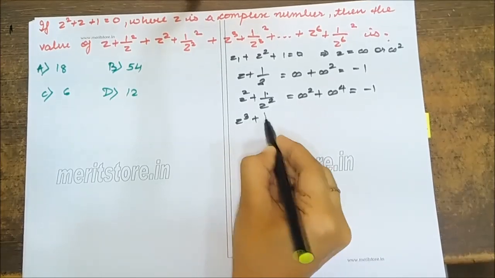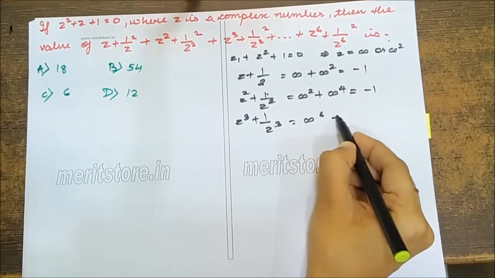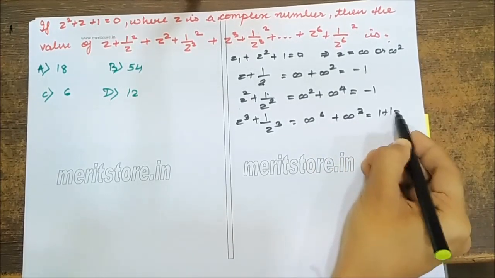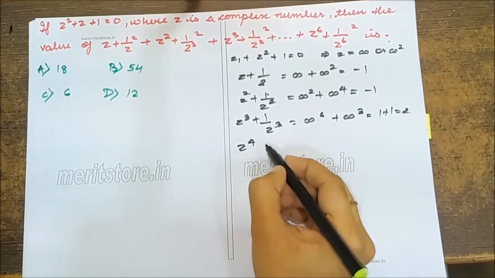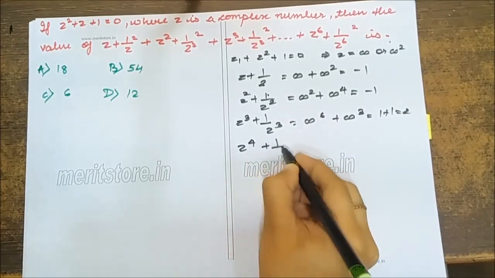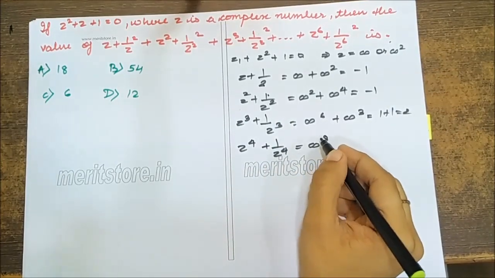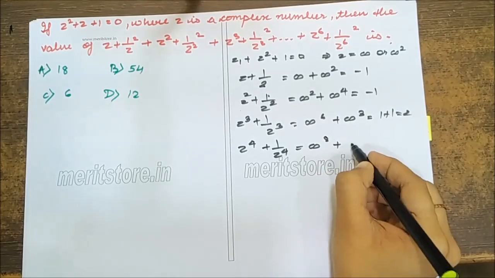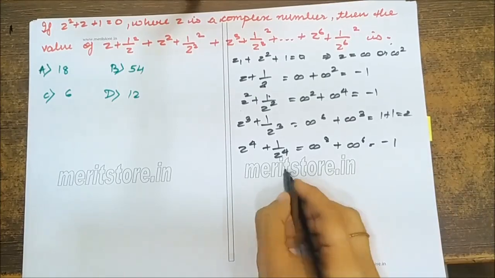Z cube will be omega raised to 6 raised to 3, equal to 1 plus 1, that is equal to 2. Similarly, z raised to 4 plus 1 upon z raised to 4 is again minus 1.